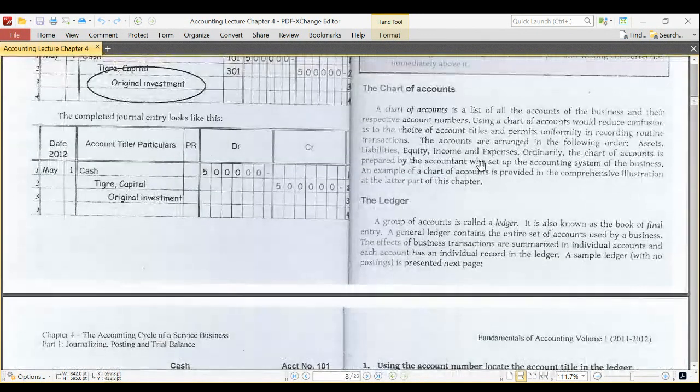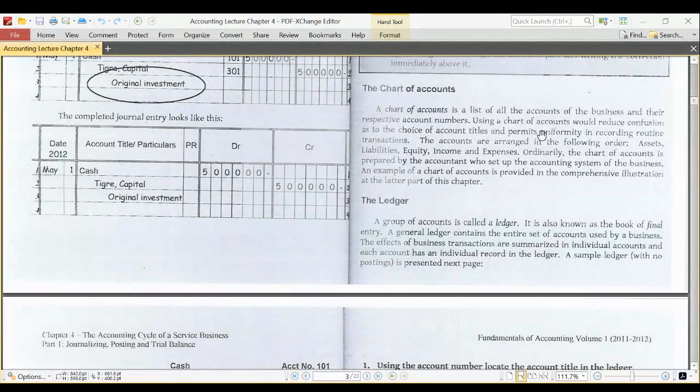Okay, so yan yung accounts. Chart of accounts. The accounts are arranged in the following order: assets, liabilities, equity, income, and expenses. And walang one size fits all na accounts. So in each company, there is a particular chart of accounts. It depends on the needs of the company. So si company A, pwede yung chart of accounts niya magkaiba kay company B. Kung si company A ay realty company, tapos si company B ay manufacturing company, magkaiba sila ng accounts.